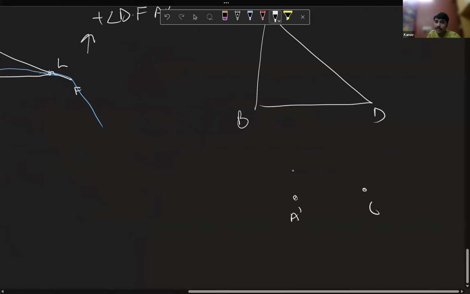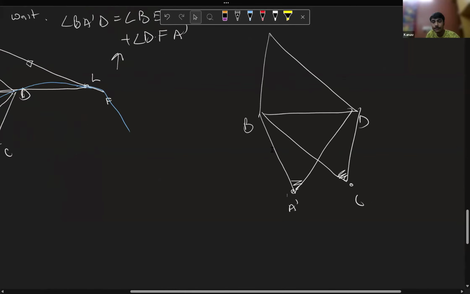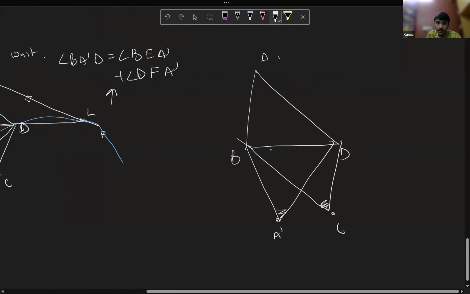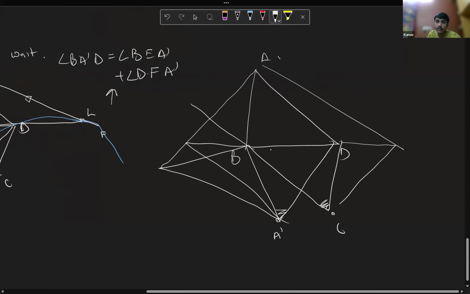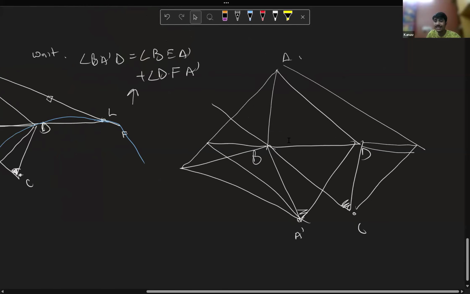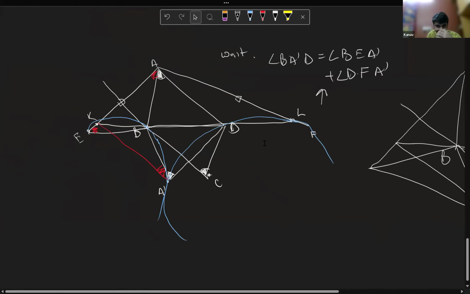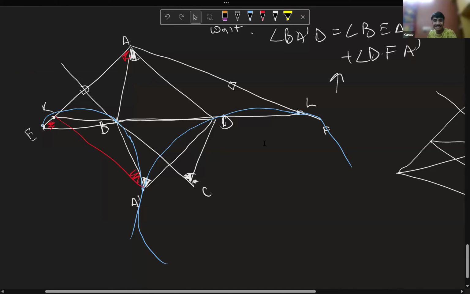Some point C is such that the angles are equal. It's equal to this guy. We can reflect this right here. I mean, this is getting complicated. Let's just go back to the result. Whatever. Let's try to prove this.